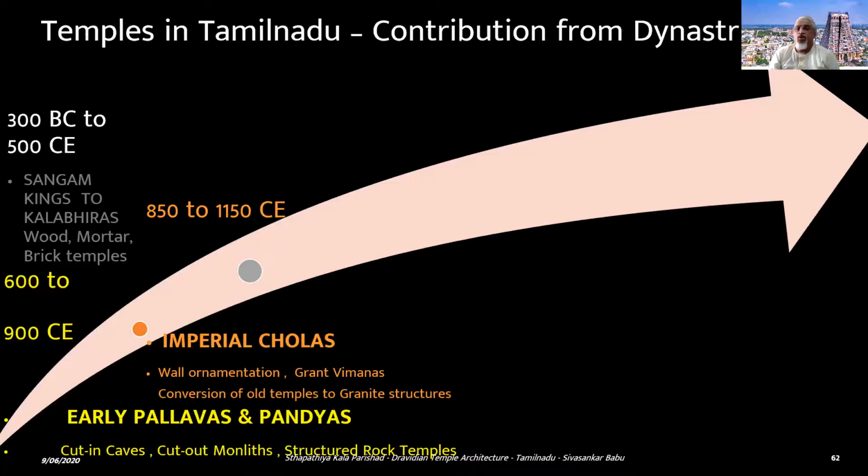And the notable thing they did was converting all the brick, wood and mortar temples into granite structures. This is a grand service. Only because of this we are able to see all the old temples even now. So many of the Sangam period temples have been converted into grand structures during this period.